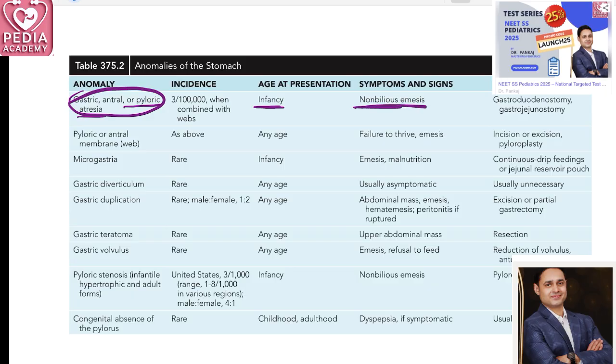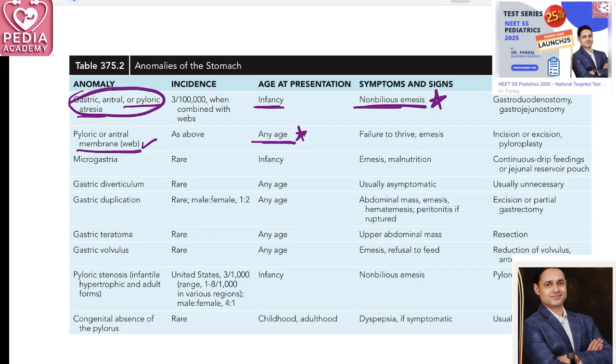We understand this fact that any obstruction above the second part of the duodenum will cause non-bilious vomiting. So this is important. Pyloric or antral membrane: there is no atresia but a membrane is there. It can present at any age. Basically atresia symptoms will come early, but a web is a milder thing, and symptoms can be there at any age.